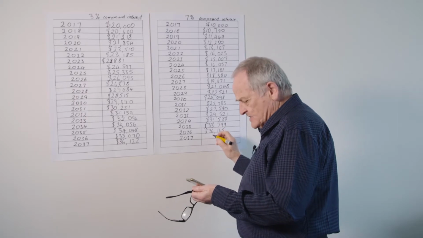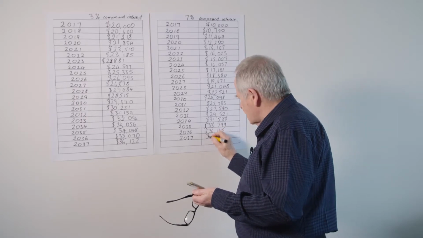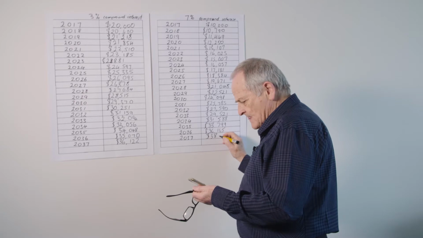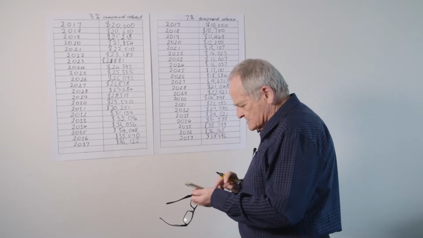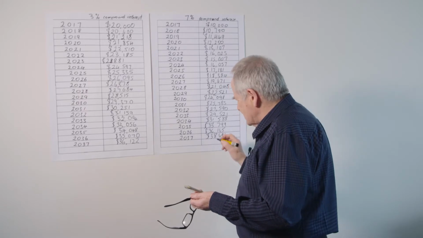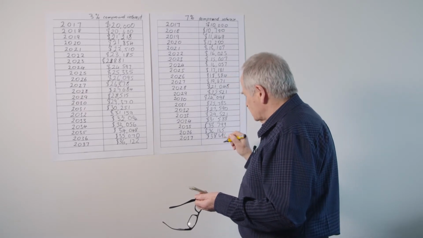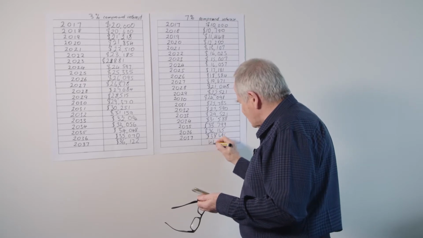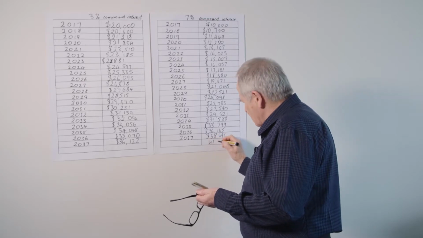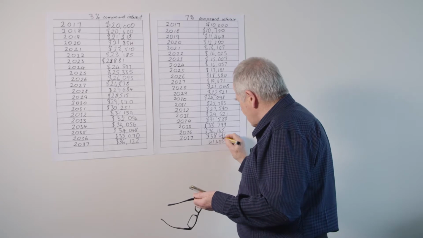By the 19th year, we're at $38,696, and 1 year later, we're up to $41,405.